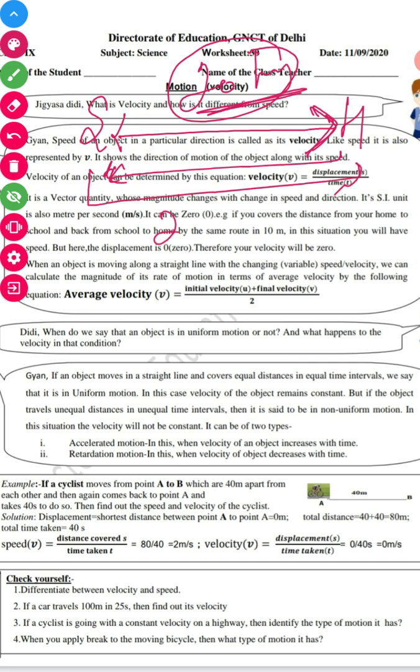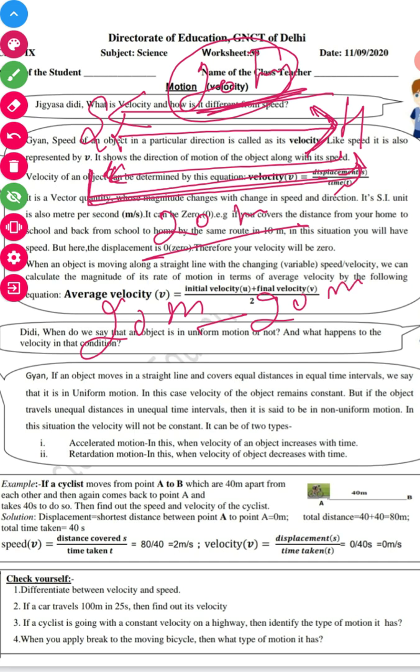So again you travel 20 meter in the same pathway. So students, in this case, first you covered 20 meter in this direction, then again you covered it in the opposite direction with the same path, so minus 20. So it is 20 minus 20, which is 0.